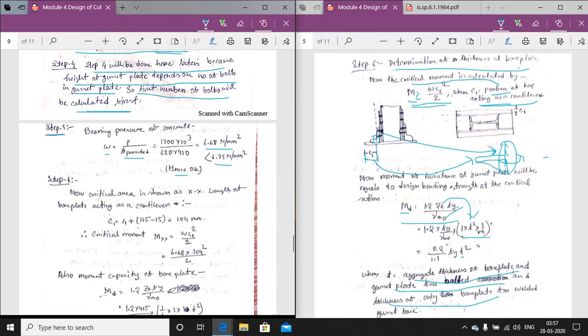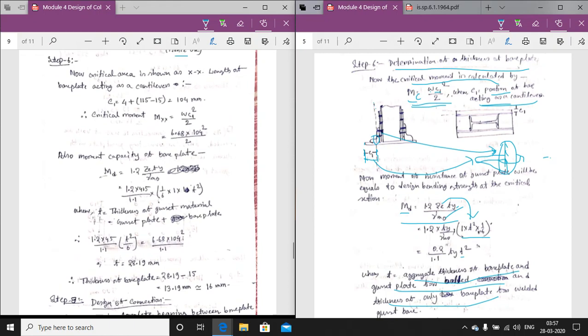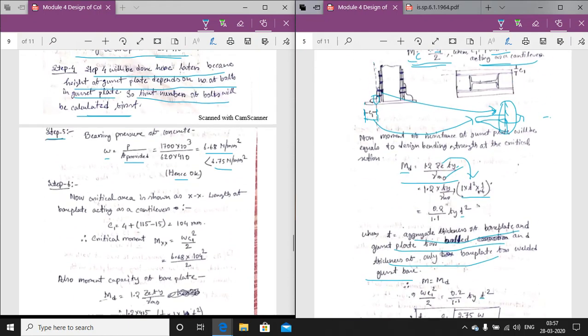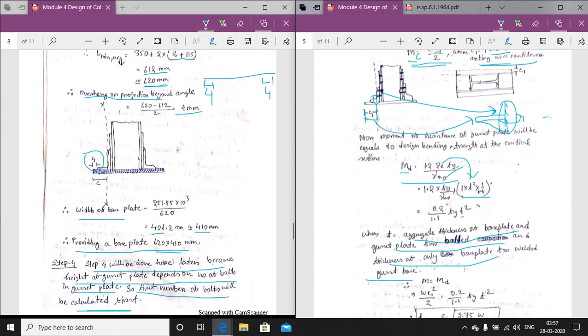Now coming to step number 6, here we have to determine the thickness. So first we have to determine the value of C1. If we see in this picture, this is C1, so this is 4, and from here to here only, if this is the angle, we have to take.